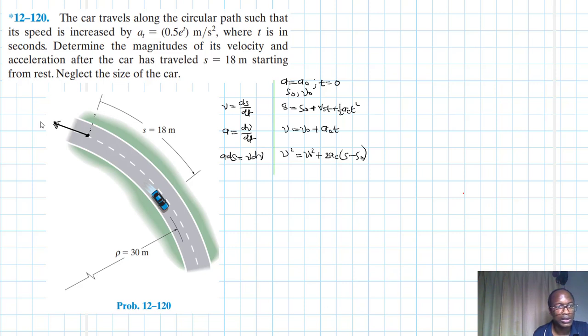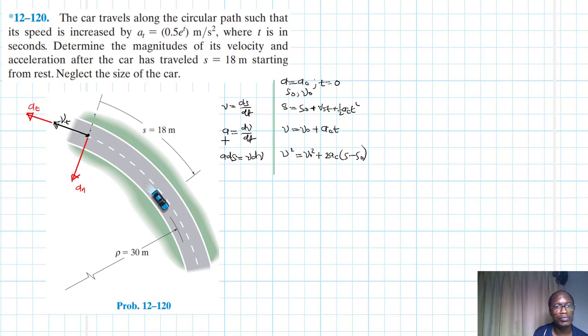And let's say we have our acceleration, one component in this direction, and then the other one, the centripetal one, in that direction. So let's call this a_n, this one a_t, t for tangential, n for normal, and let's call this our v_t.